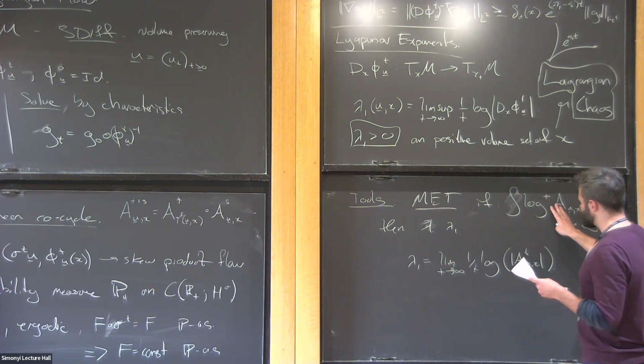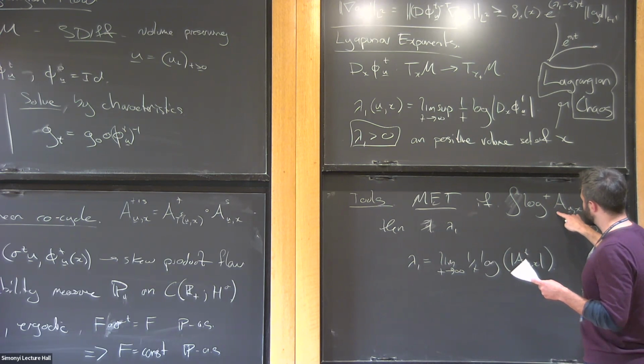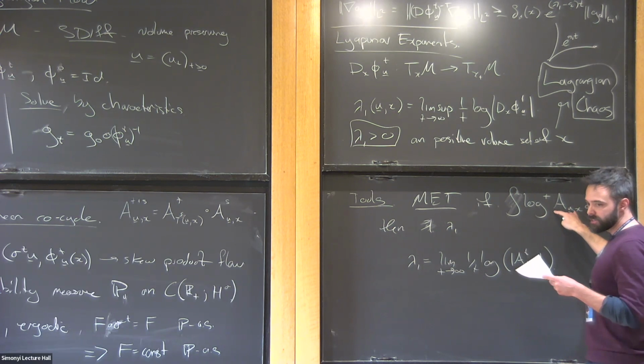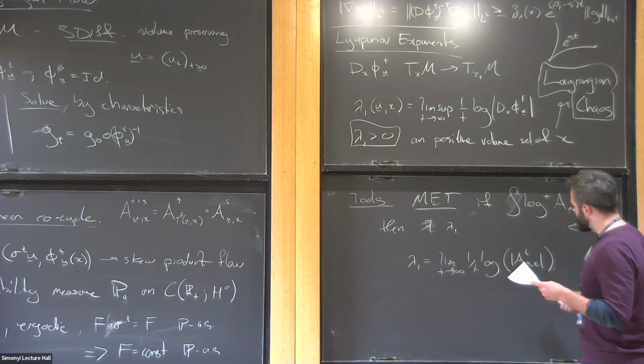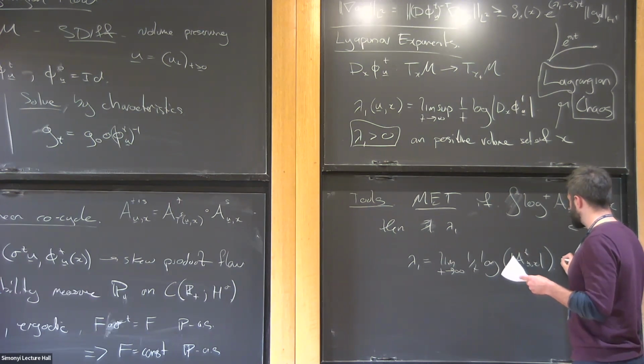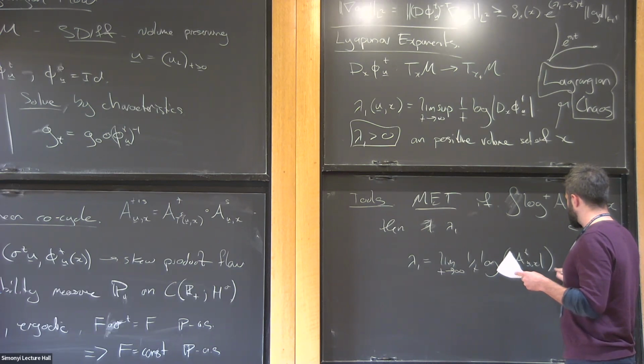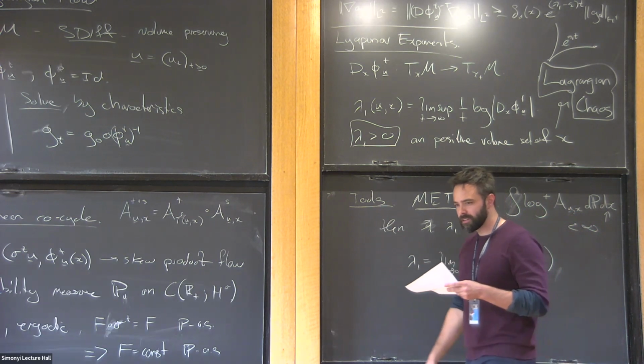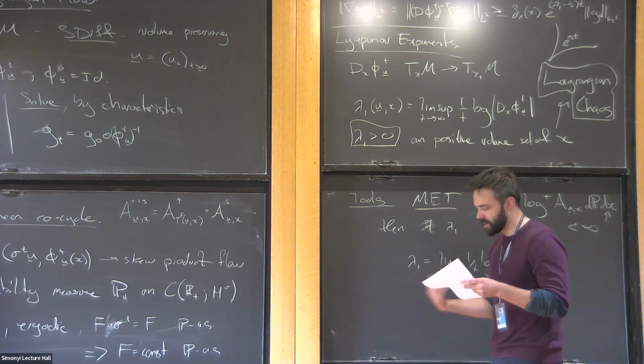Now, you can also put a condition on the integrability of the log of the inverse of this. And if you also do that, then one thing you immediately know is that lambda has to be finite. Although the way I've stated it here, a priori lambda could be minus infinity, because the spectrum can collapse.